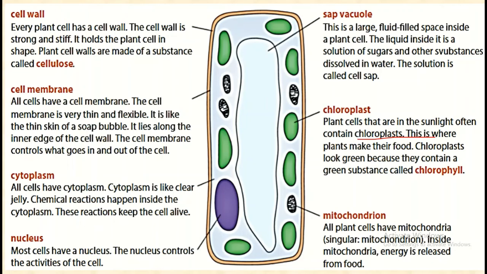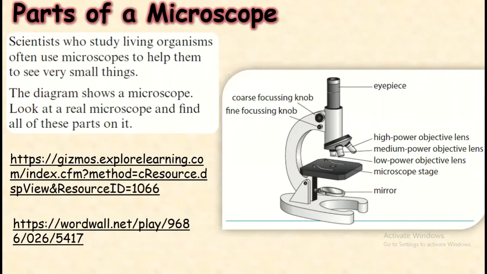Now this chlorophyll gives green color to the plant, and this chlorophyll is present inside the chloroplast. Mitochondria. It is the powerhouse of the cell. It generates the power, and the cell uses that power to perform different tasks.